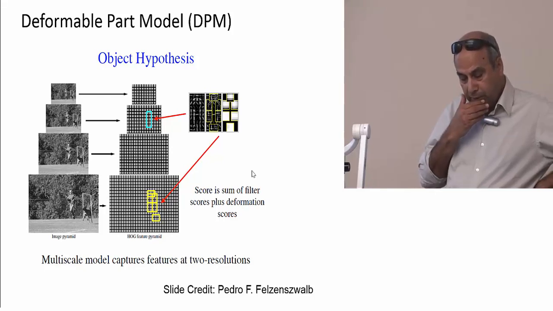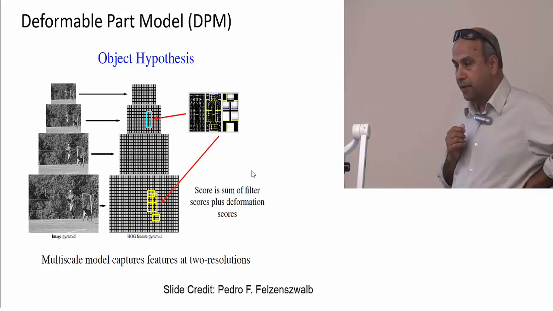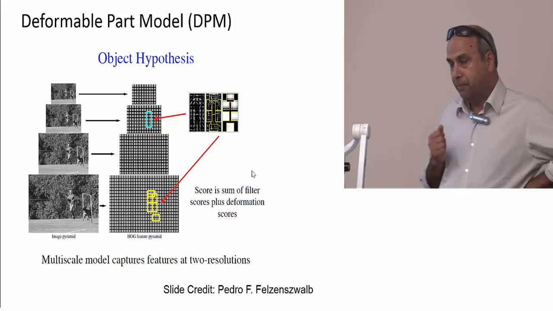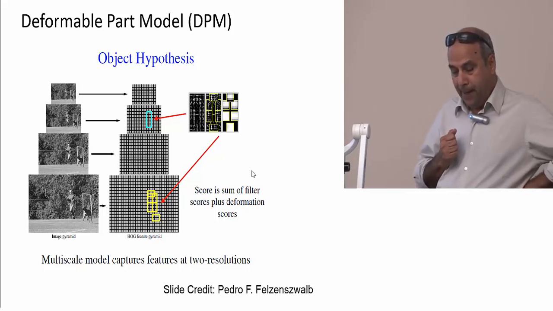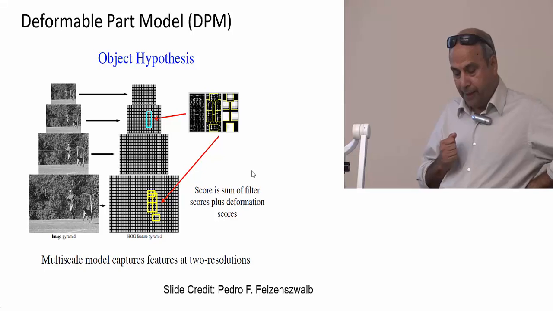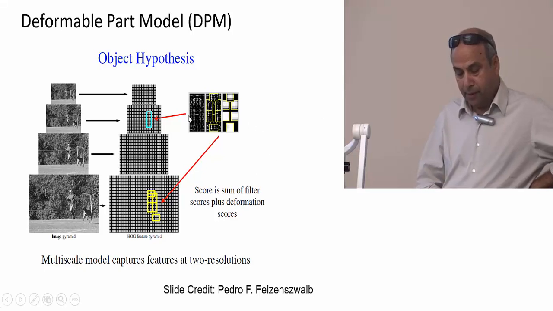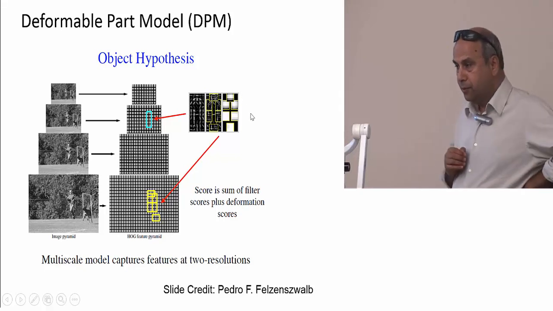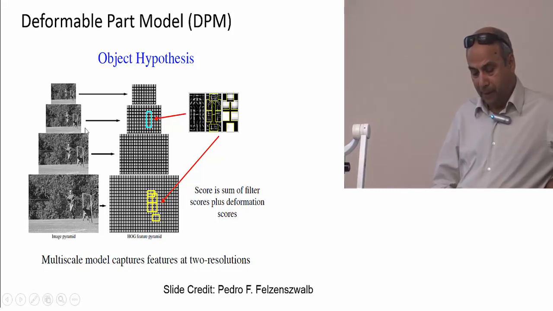One important method for detecting humans or objects is called the deformable part model, or DPM, which is very popular, works pretty well, and where you can detect a human. This is like a human part, and these are the parts of the human. In order to do that, you will have to build a pyramid like this.